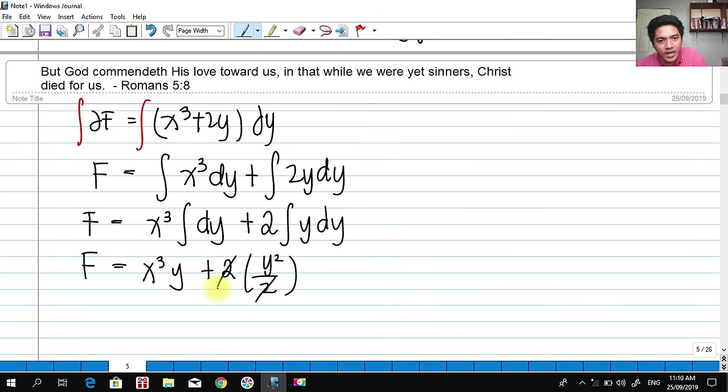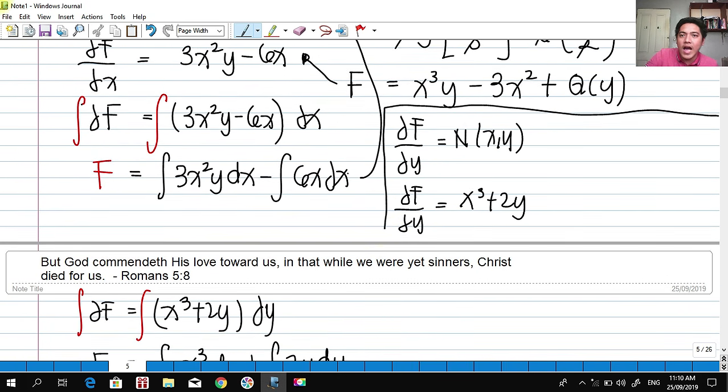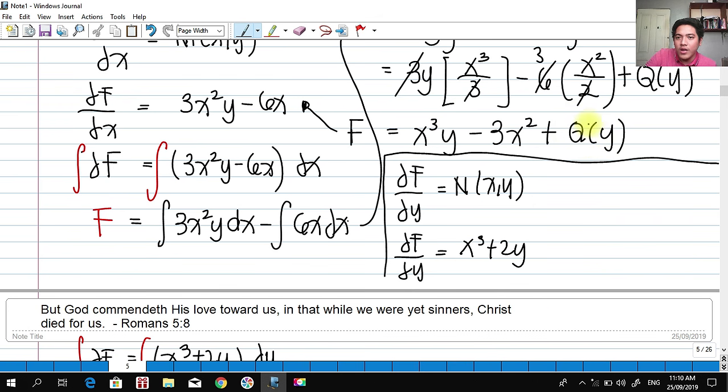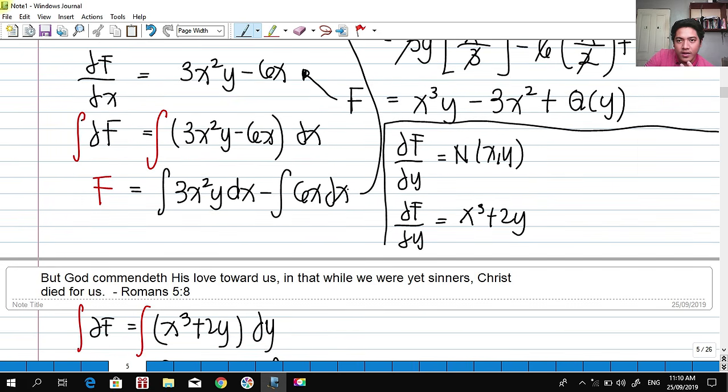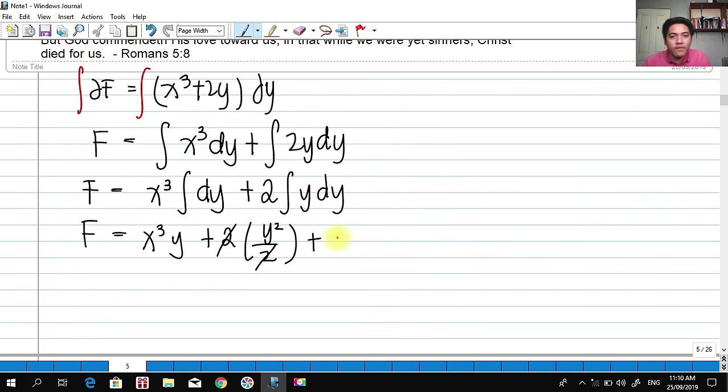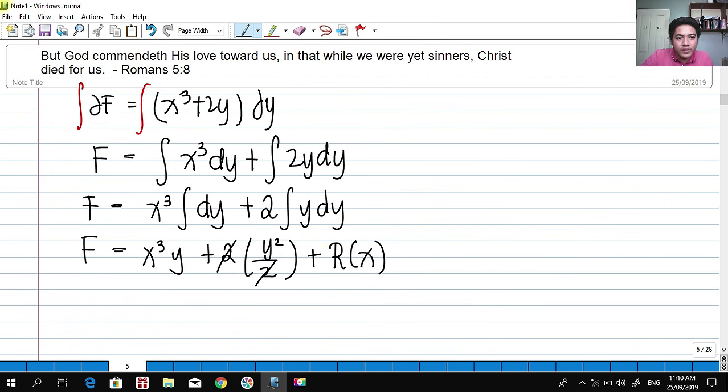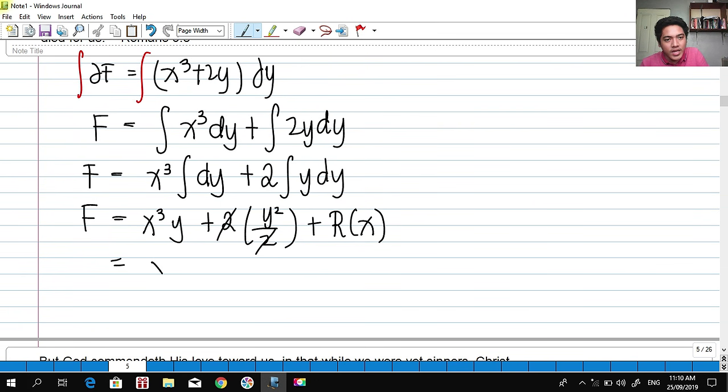The 2s should cancel. And plus, if we have a q of y, which is a term that is purely in terms of y, we shall also have another term here, a constant r of x. Because again, let me simplify this first: x cubed y plus y squared plus r of x.